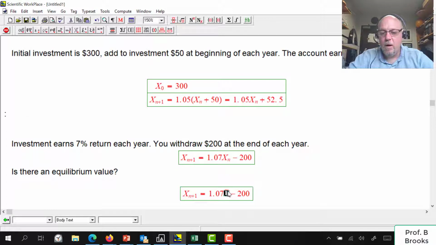I'm going to put X bar. Now, if I put the equilibrium value inside the equation, I get out the equilibrium value. That's what it means to be an equilibrium value. So it would be the amount of money that I get the 7%, then subtract the 200, and I'm back to that same amount. So we can just solve this.